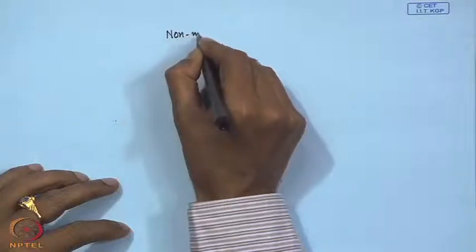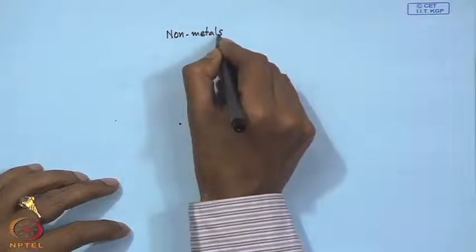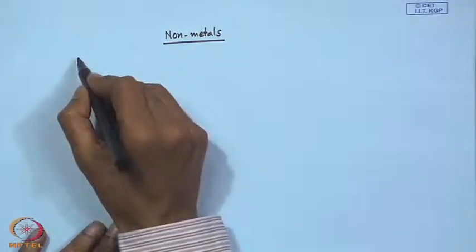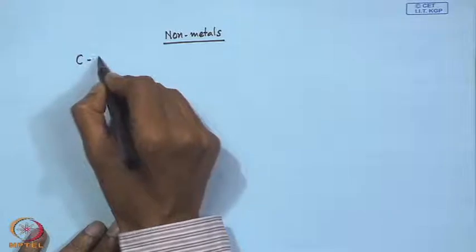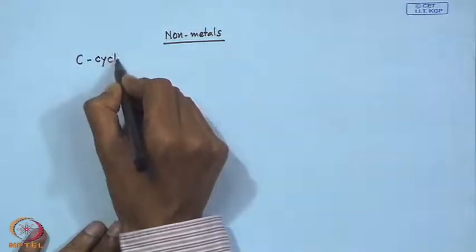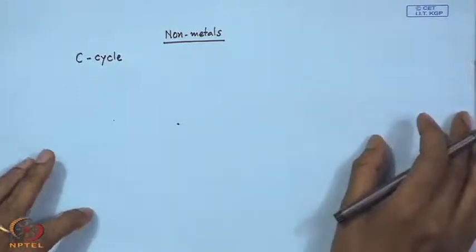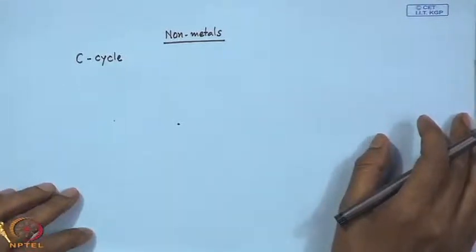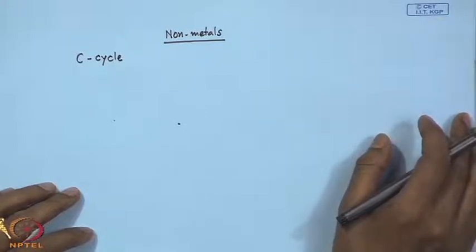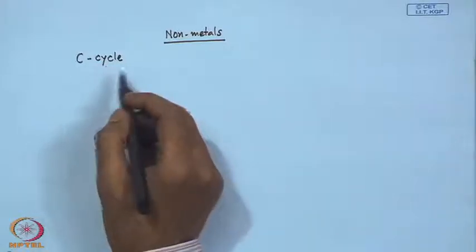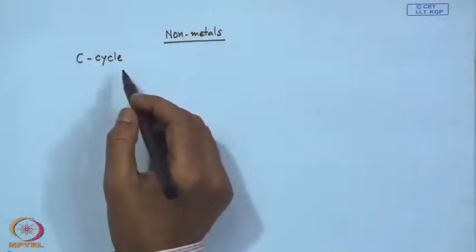What we are dealing with are some of the nonmetals. In our last class, we saw the typical carbon cycle and how the different carbon based compounds, whether organic or the inorganic counterparts like carbonates and bicarbonates, get assimilated and cycled through different forms.